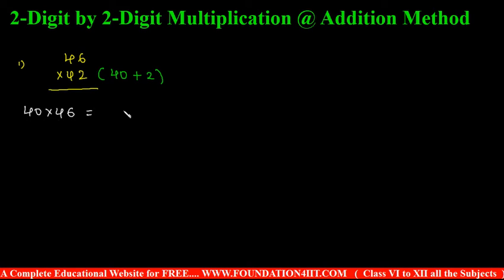So according to that method, this value is 1840. Right? 4 into 40 is 160, 4 into 6 is 24, so 184, and the 0 you can attach.